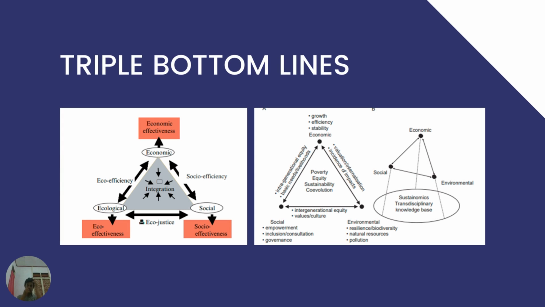The last topic is the triple bottom line. As discussed in the beginning, in the introduction, there are three aspects covered in sustainability accounting: social, economic, and environmental.